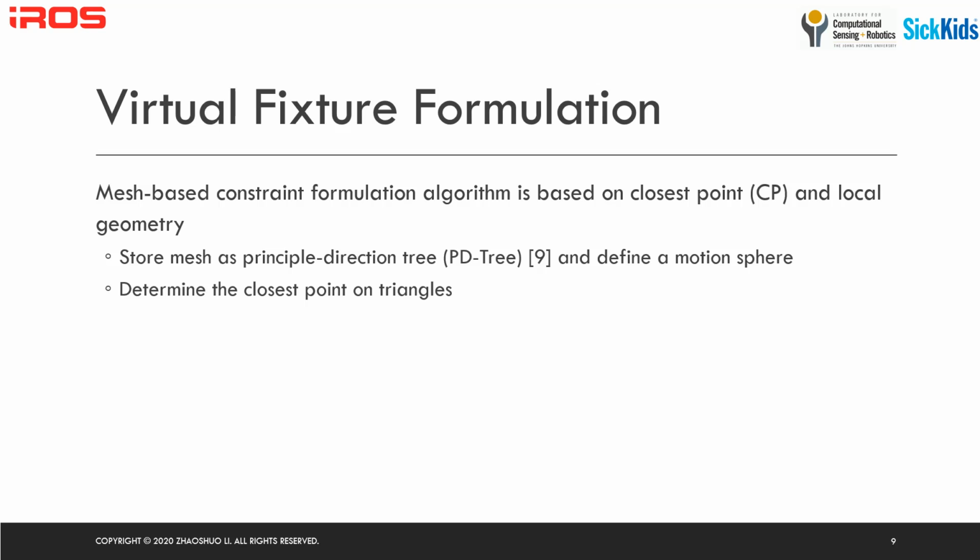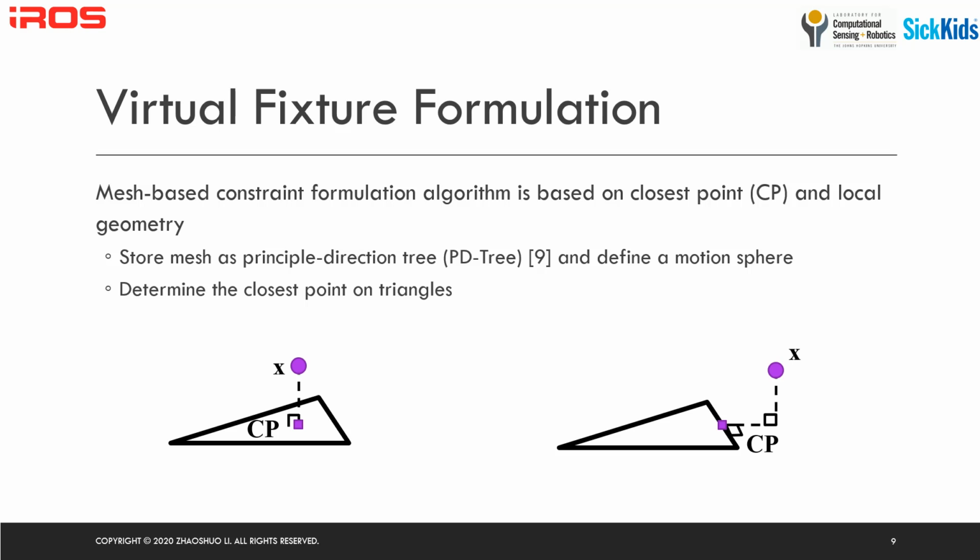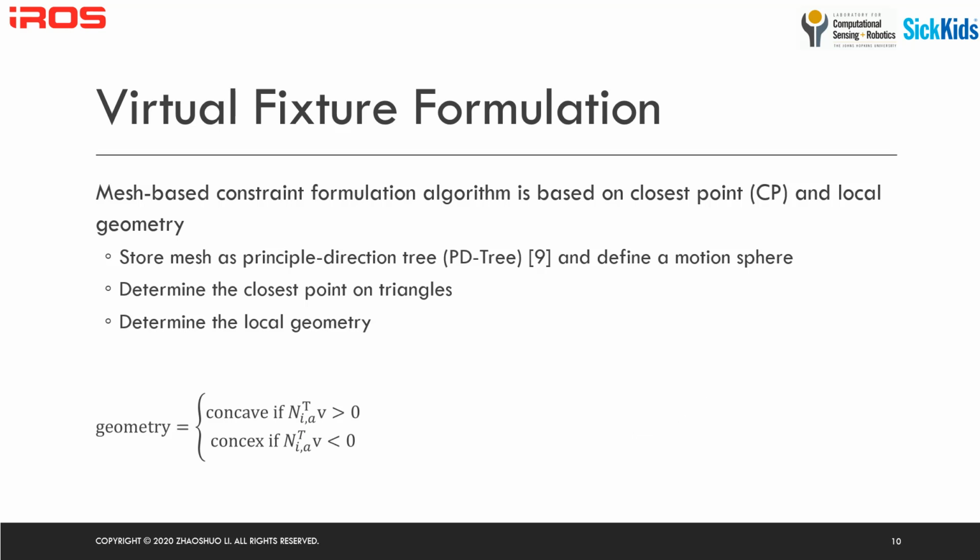Then, we determine the closest point of a point on a triangle of interest, and there are two possible cases. One is when the projected point is within the triangle, and the closest point is at the same location. The other possibility is that the projected point is outside of the triangle, and the closest point is on the closest edge. Next, we determine the local geometry by a simple dot product as shown in the equation here, where n is the normal and v is the non-shared edge of the adjacent triangle.